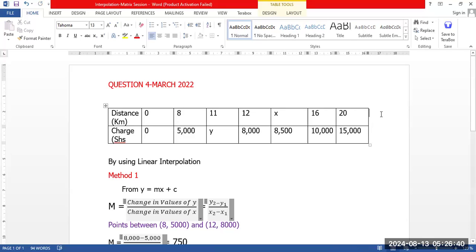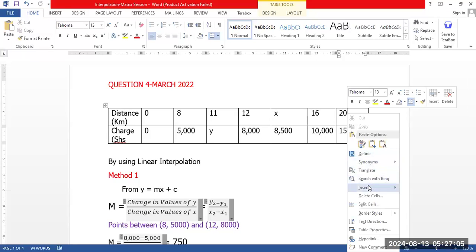If it is this side, you need this point to get what is outside, and you apply the same concept. With interpolation, the missing figure is in between. Like here, you are using this point and this point.